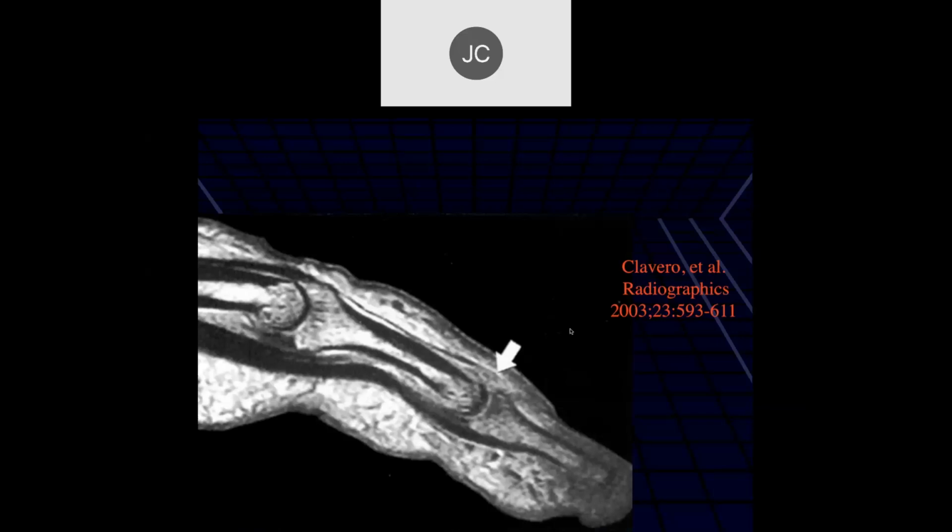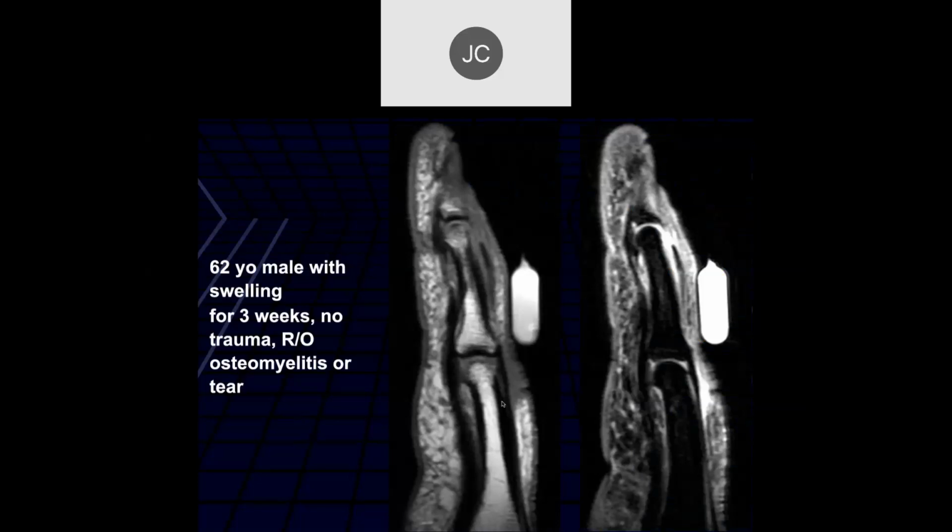Elior, what do you think of this case? Right, so here looking at the terminal band attachment. Yeah. Looks like it's torn. Right. And here we can see the central slip, nice and normal in this case, flexor tendons, and we can see an abnormal terminal tendon attaching to the distal phalanx dorsally there. Okay.